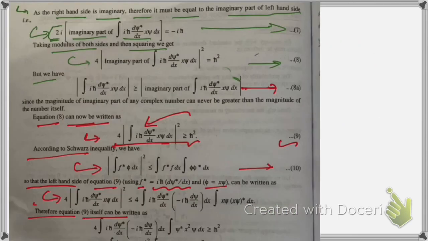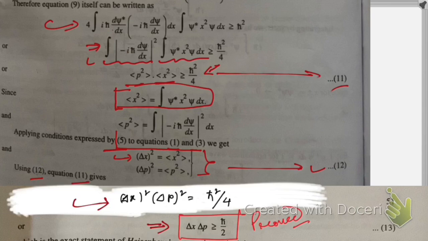And that's what we have done, right? So that's how we have proved this relation. So now this is the proof of Heisenberg uncertainty principle.